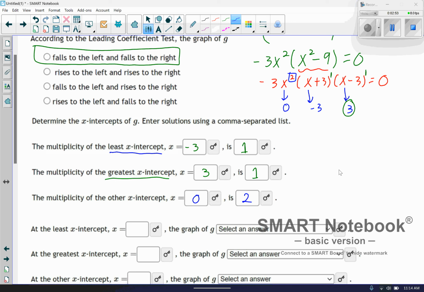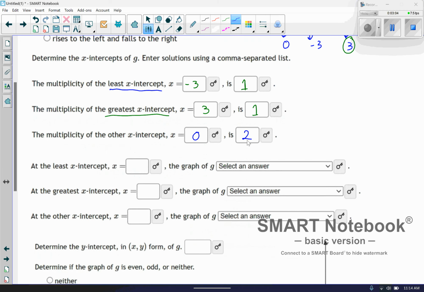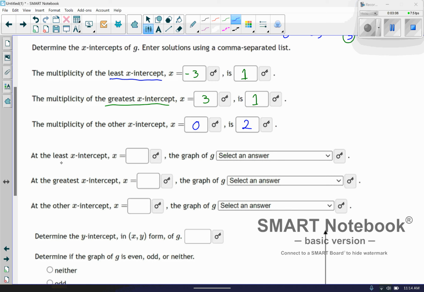Okay, so then this next part, we're going to do the same thing again, but now they want us to get a little bit more descriptive on our multiplicity and state whether it crosses or touches. Once again, it's going to be the same order: the least, the greatest, and then if there's any other ones. So my least one right here, negative 3, since it's a multiplicity of 1, that means we are going to cross the x-axis.